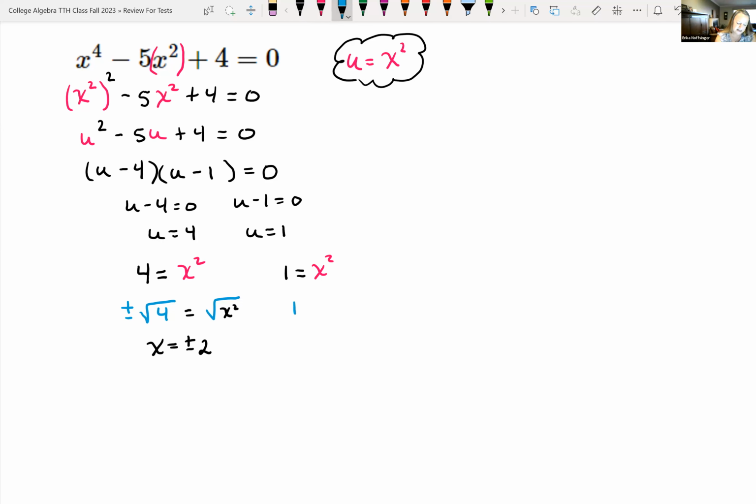We get plus or minus the square root of 1 is equal to the square root of x squared. So I get x here is equal to plus or minus the square root of 1, which is 1. So we have 4 separate solutions here: negative 2, negative 1, 1, and 2.